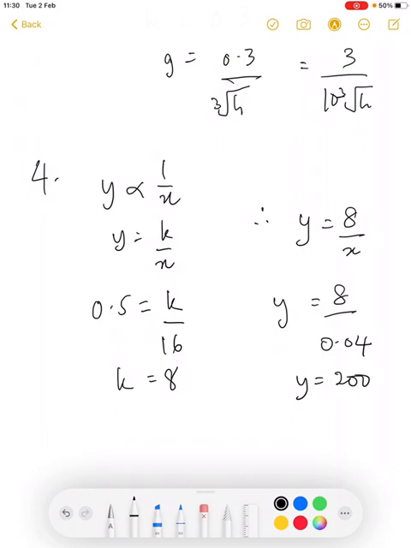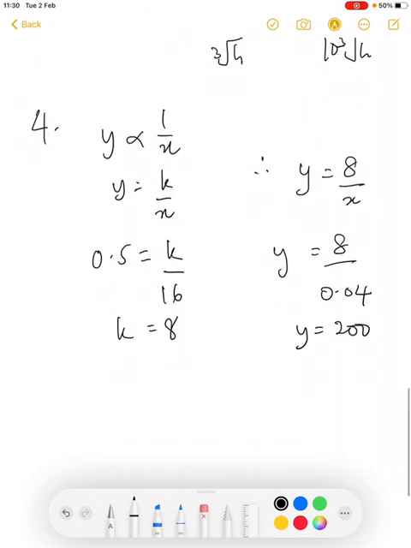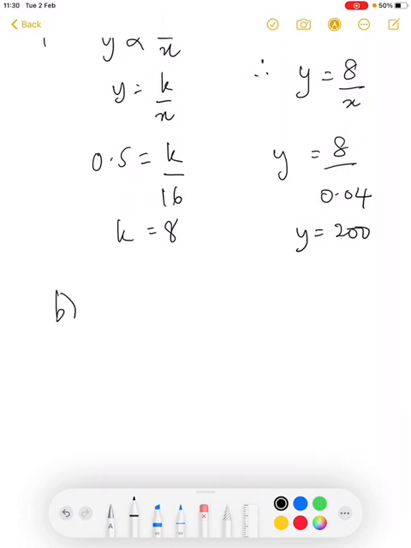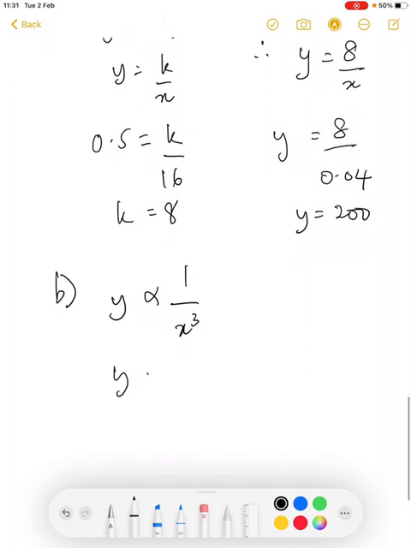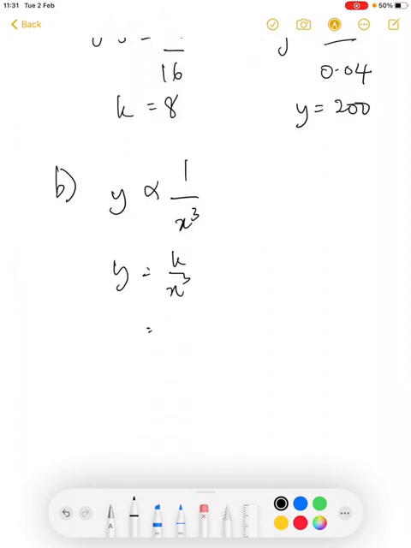Okay, b, y varies inversely as x cube. y equals k over x cube. k equals 0.5 times 16 cube, so equals 2048.